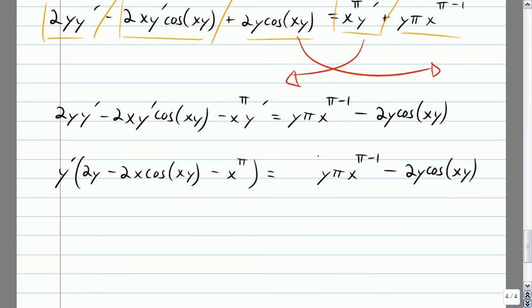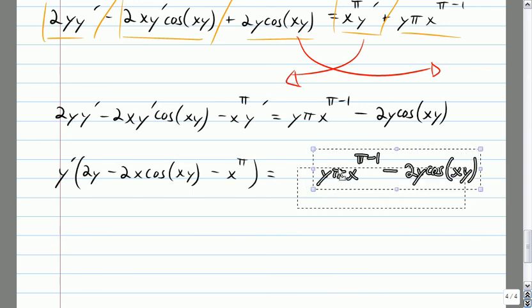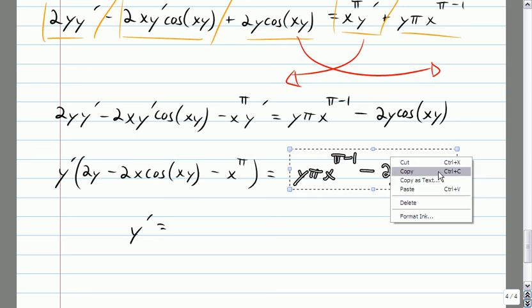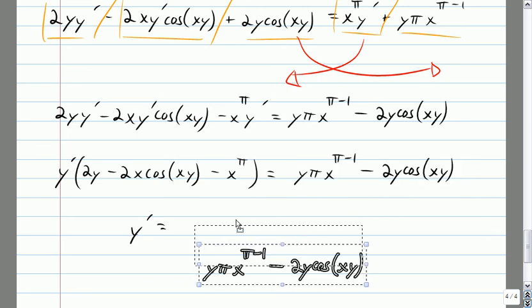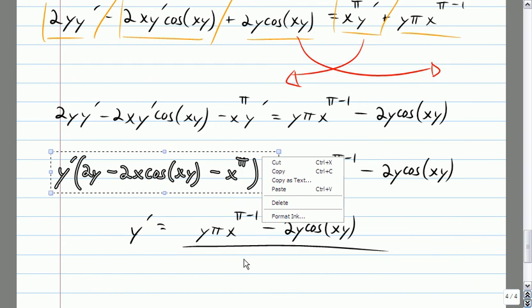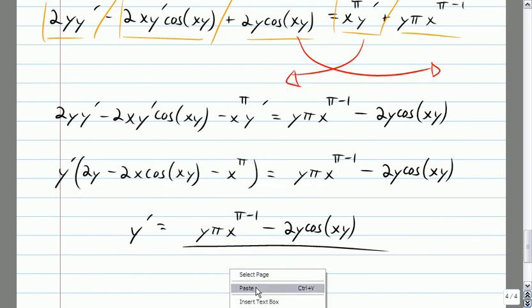Yeah, your calculus right there. And then your final answer, yeah, divide, good job. y prime equals that one divided by this one.